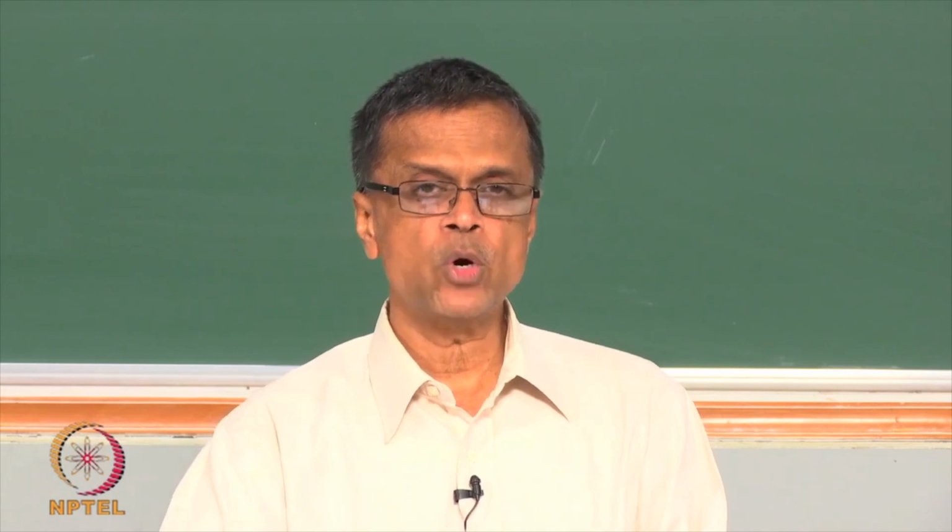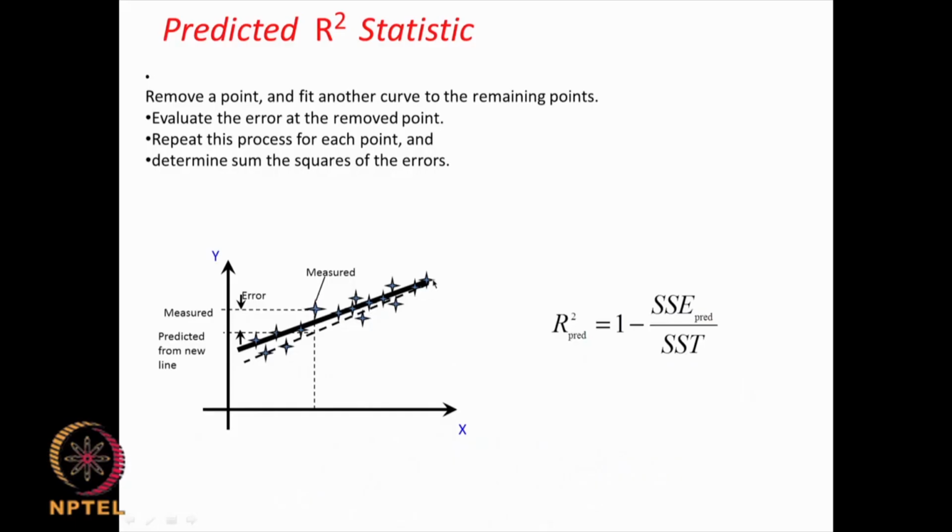So, if you have 10 data points, what you do is you remove the 10th point and then fit an equation for the 9 points, try to predict the y for the 10th point using the equation you have developed, and of course it will not be exact, there will be some difference, that is error, you square it up. Now you put that point back, remove the 9th point and then fit an equation for the remaining 9 points and try to predict the y value for the 9th point.